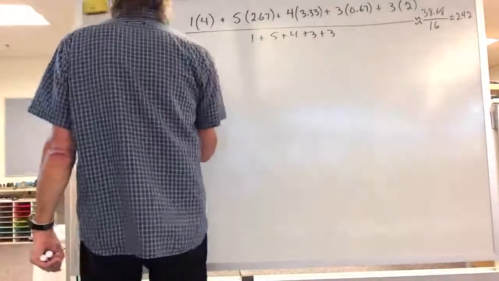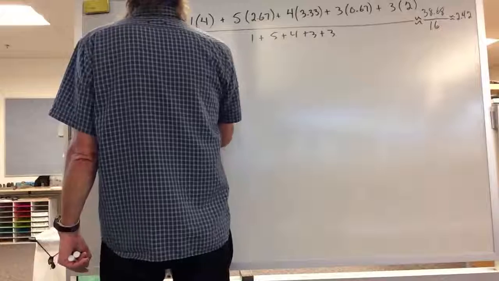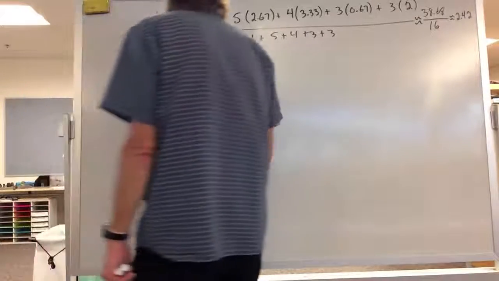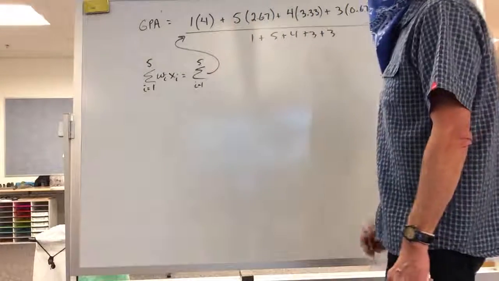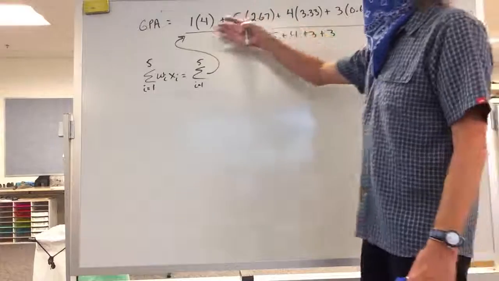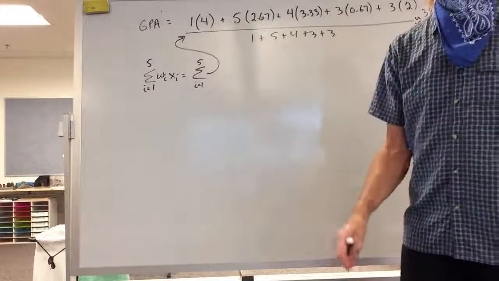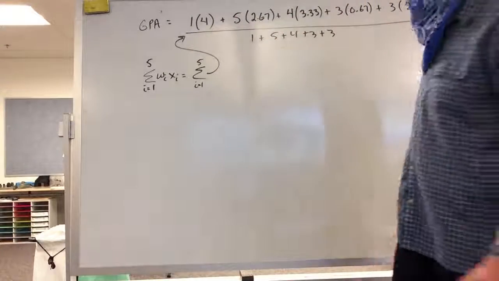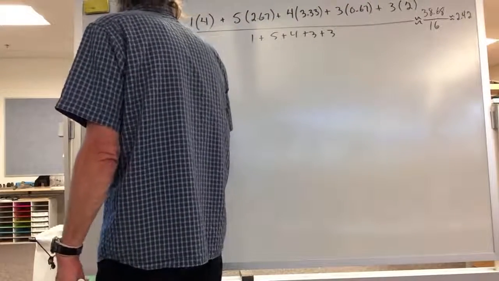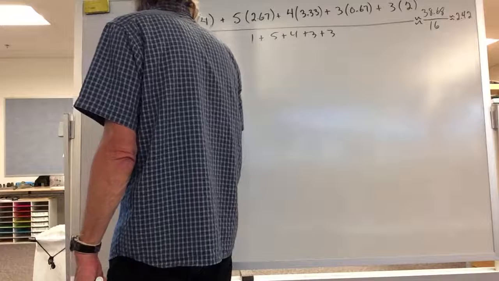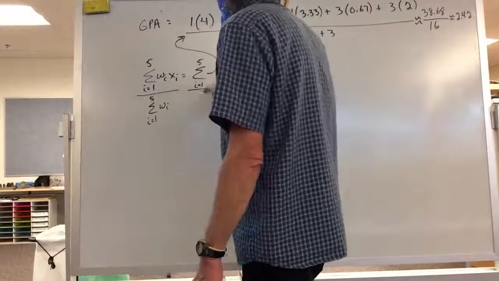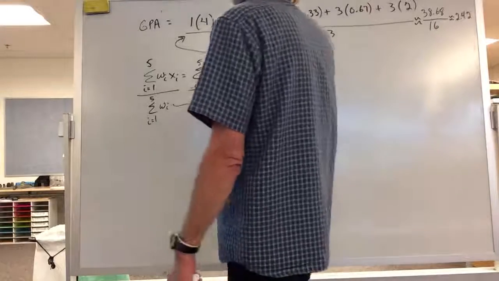So what this ended up looking like was that, up on the top. Then we divided by this. So where did these numbers come from relative to what's up on the top? It's the sum of all the weights. So we divided by the sum of all of the weights. And that's this right here.